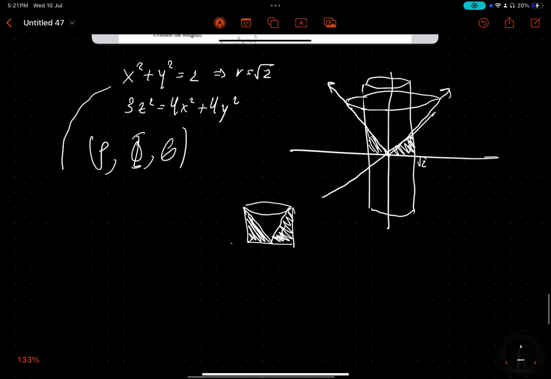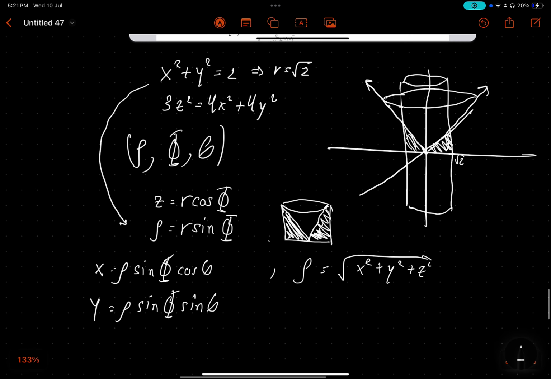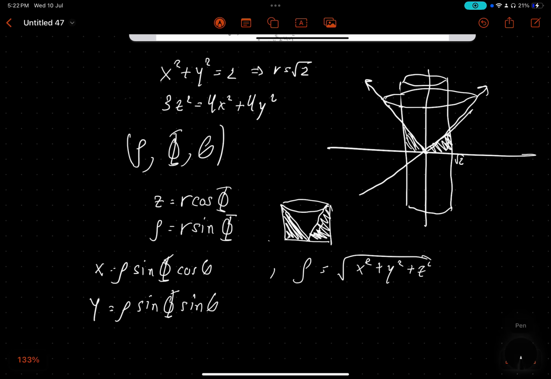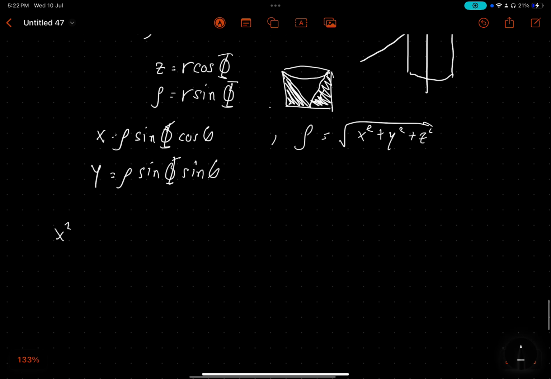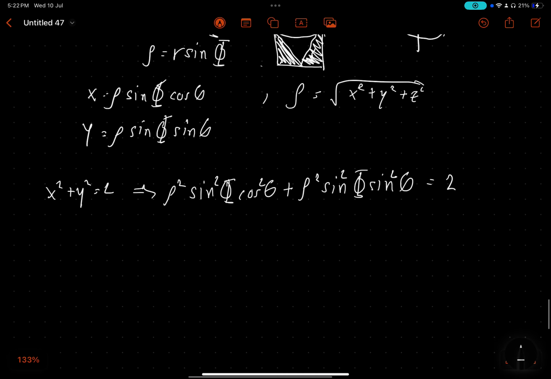And so let's now substitute our values. So x squared plus y squared equals 2 becomes rho squared sine squared phi cosine squared theta plus rho squared sine squared phi sine squared theta equals 2.